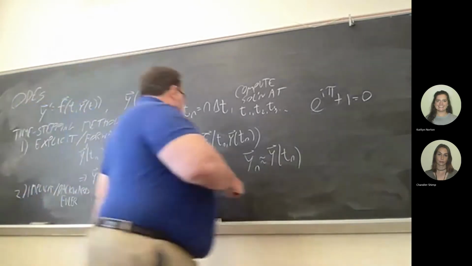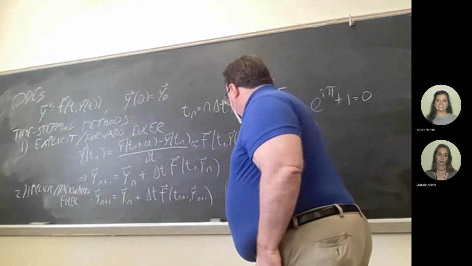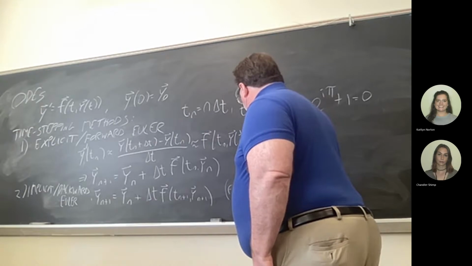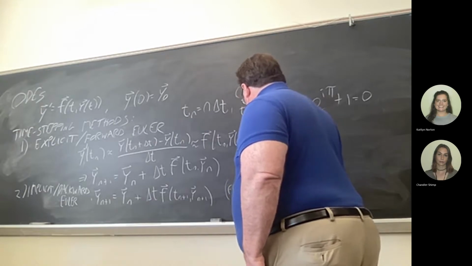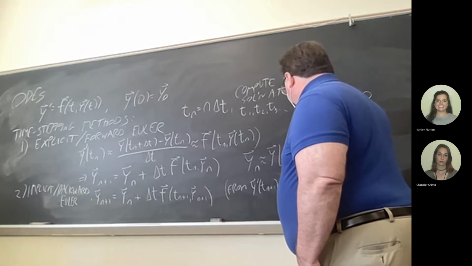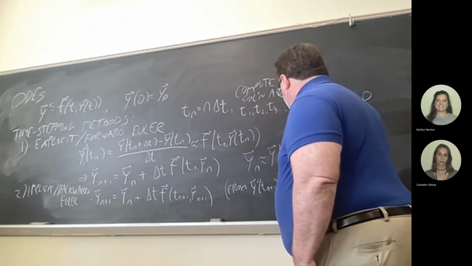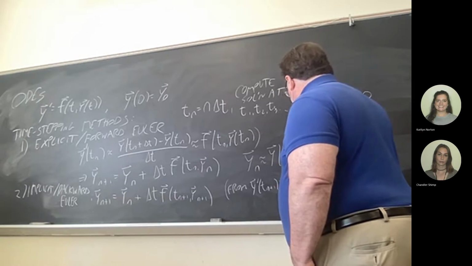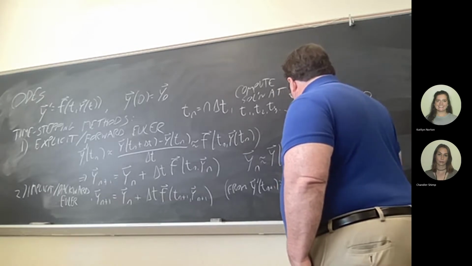Okay. So this is from y prime at tn plus 1 being approximately the difference quotient.